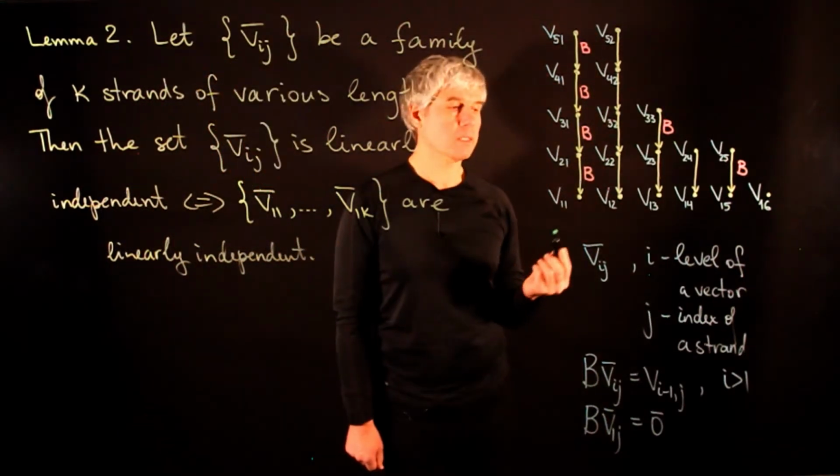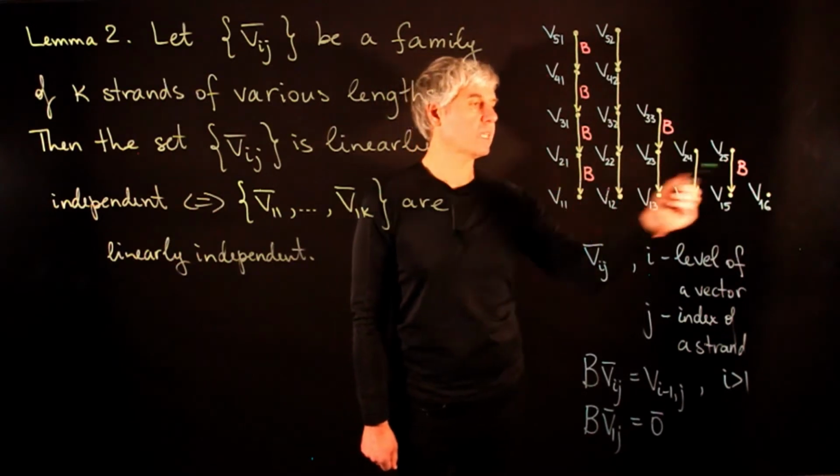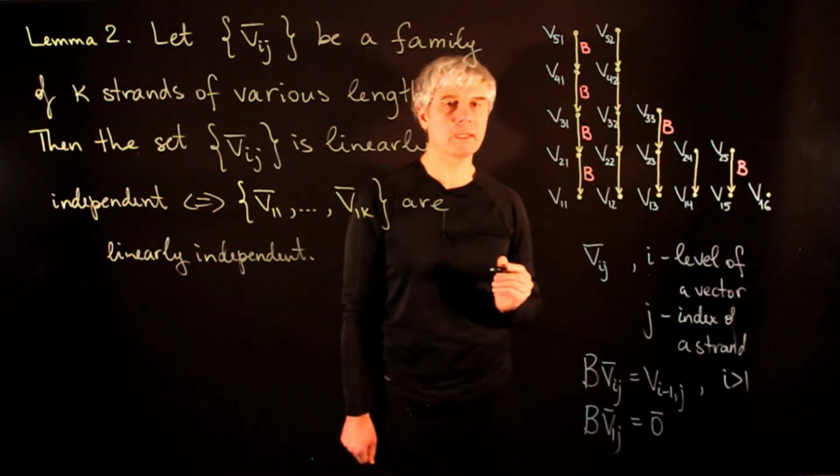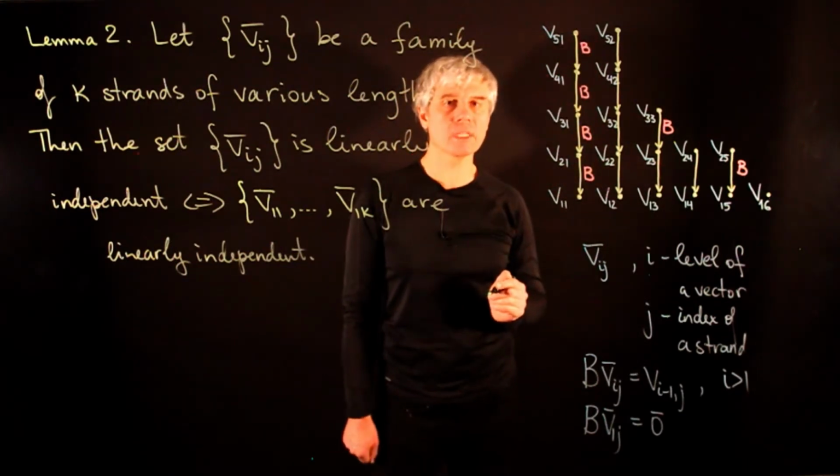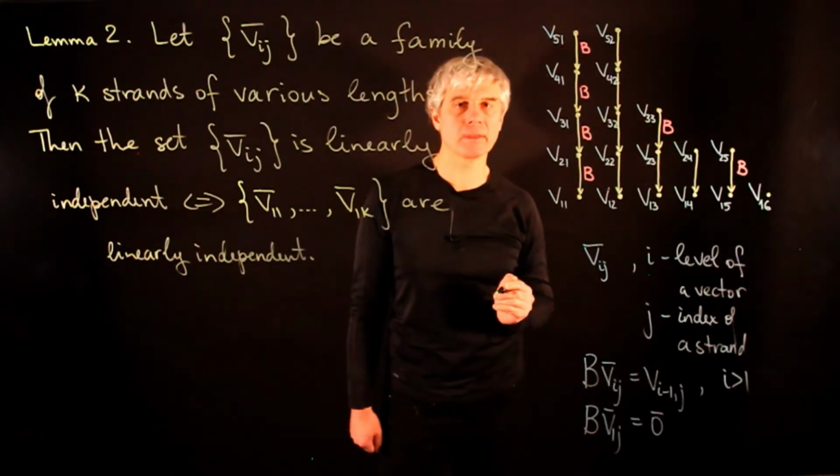This lemma says that if we just know that the set of vectors at the bottom level are linearly independent, then the whole set of vectors in all of these strands will be linearly independent.